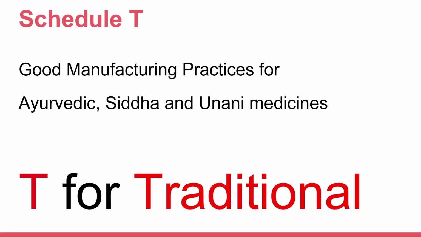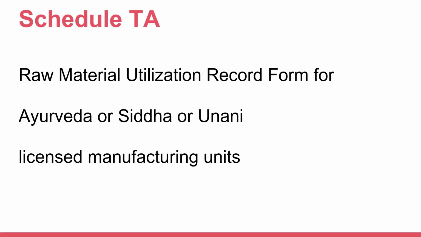and Unani system. Now about Schedule TA. This is the raw material utilization record form for Ayurveda, Siddha or Unani licensed manufacturing units. Basically, T is related to traditional system.